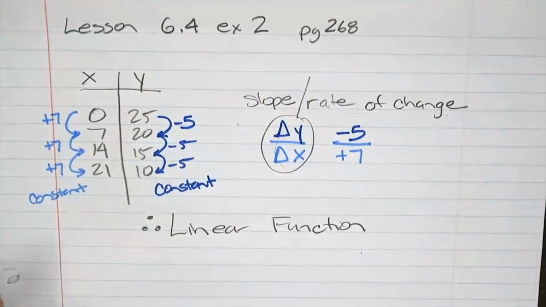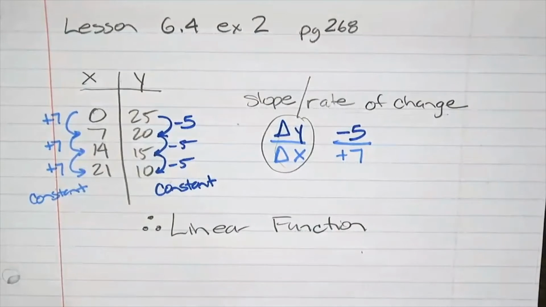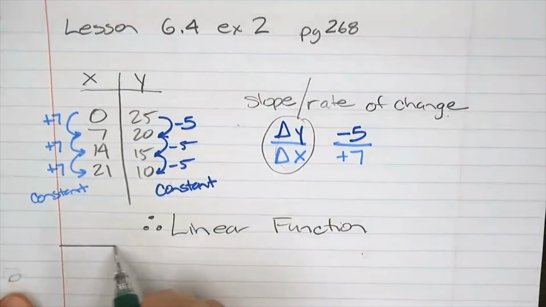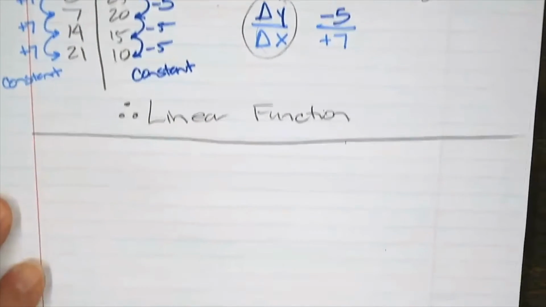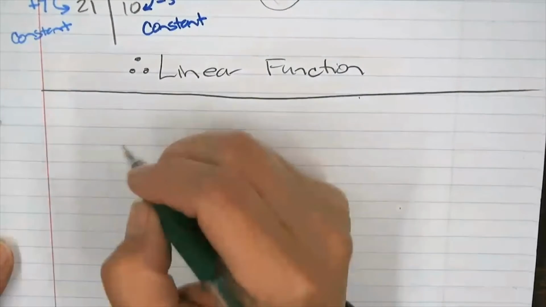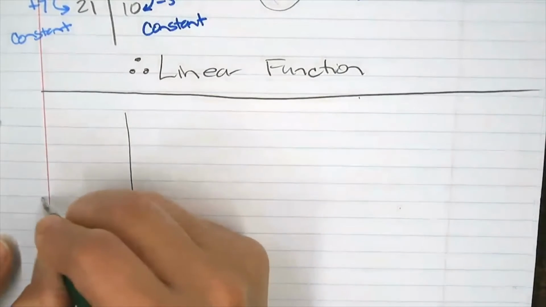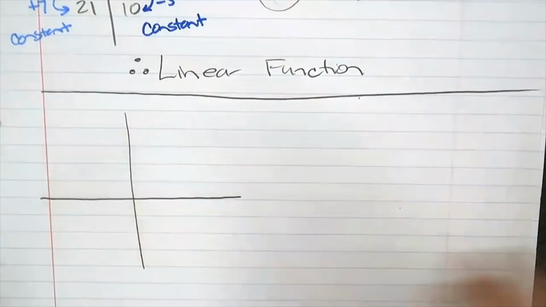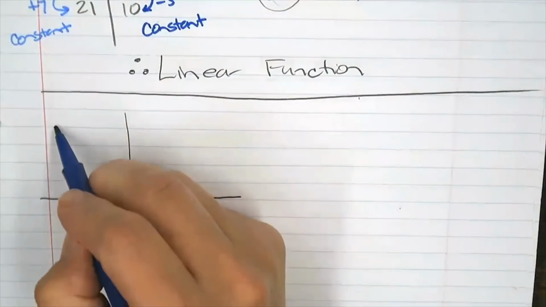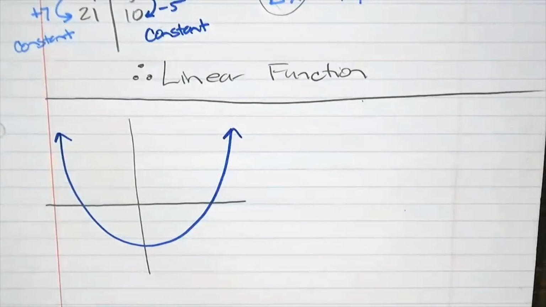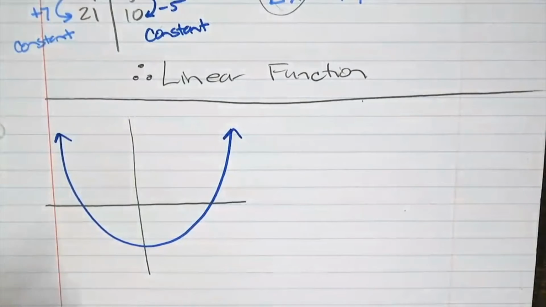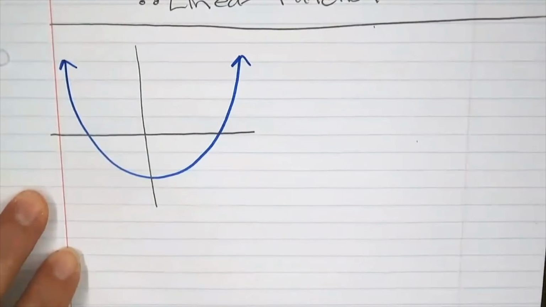Today, we're going to actually take a look at the graphs and decide whether they're linear or non-linear. So our first one looks like this. Now this graph represents a function. It is a function.